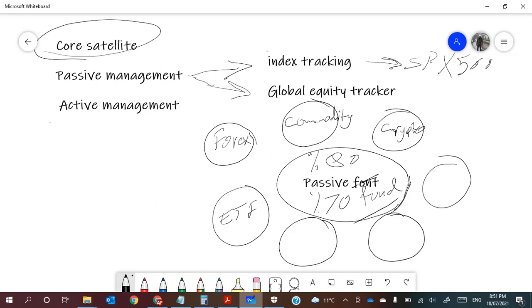There are lots of active management strategies and passive management strategies, which is not the agenda for today's lesson. Today I just wanted to explain how this core satellite strategy works. So I hope you understand how this strategy works.